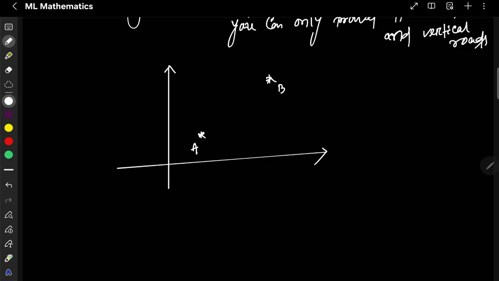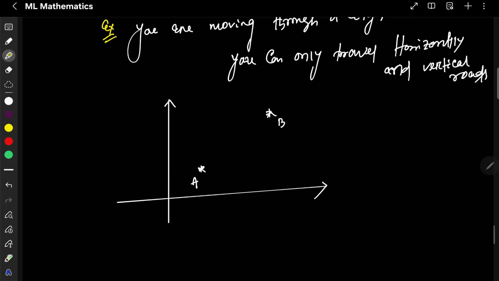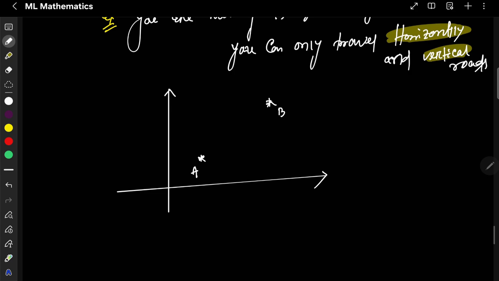The moment I'm saying this, and I said in L1 normalization I can only move horizontally and vertically, the movement can happen only like this: this way, this way. This is 5, this is 6.